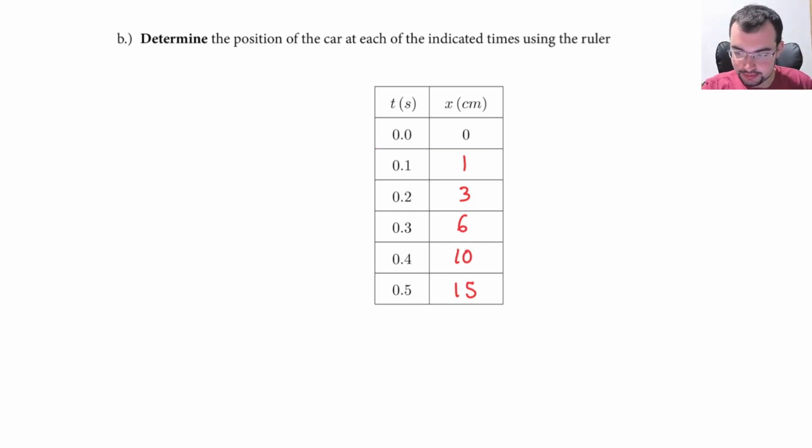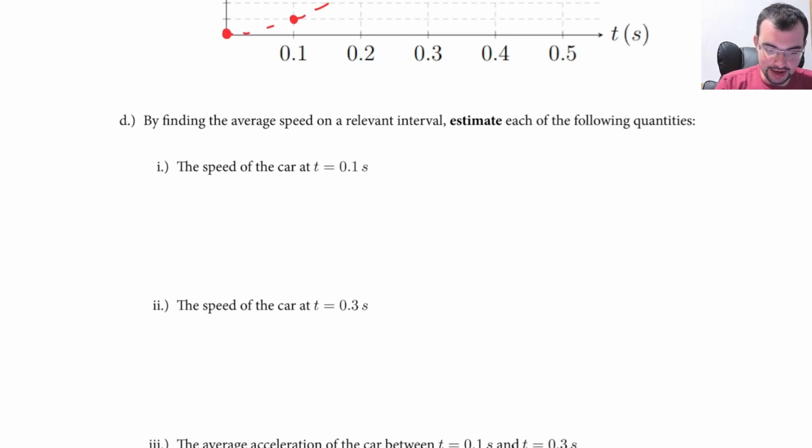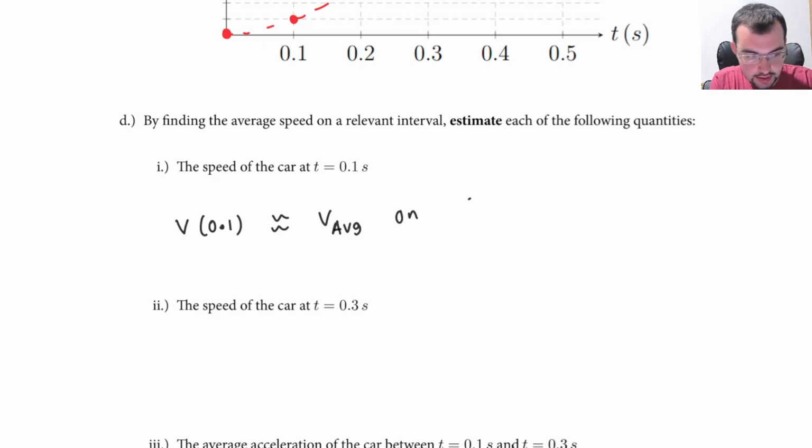So what I would do is I would say that V of 0.1 is approximately equal to the average on 0 and 0.2, right? Because 0.1 is in the middle.